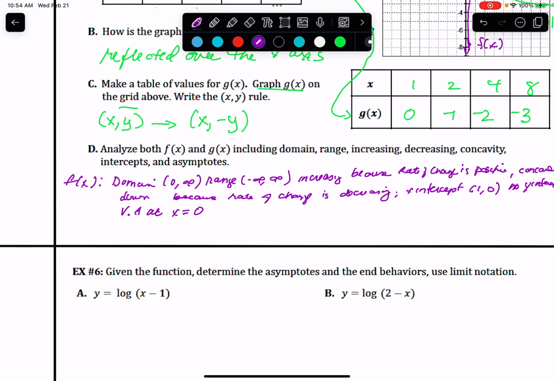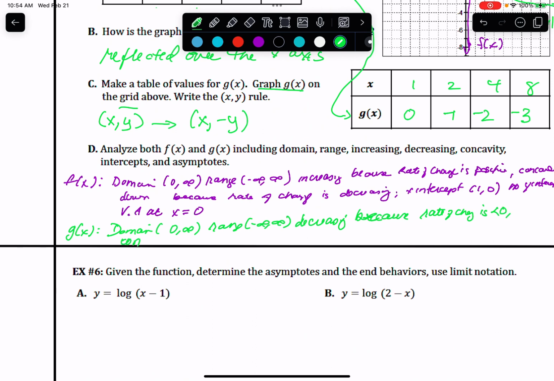And now if you're doing the other one, g of x, the domain would be the same thing, 0 to infinity. The range is negative infinity to infinity. That didn't change. Now it is decreasing because the rate of change is, I'll put less than 0 this time.